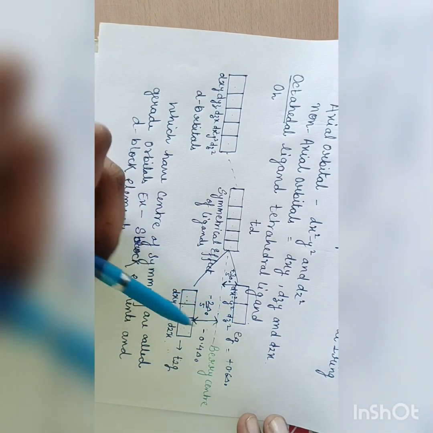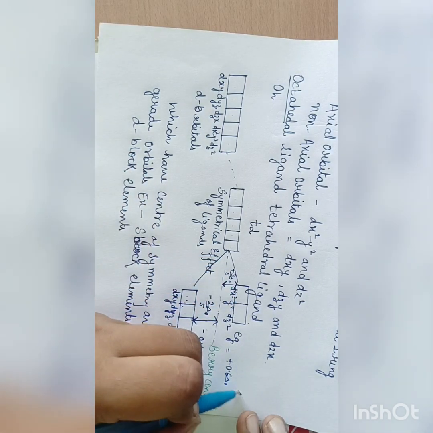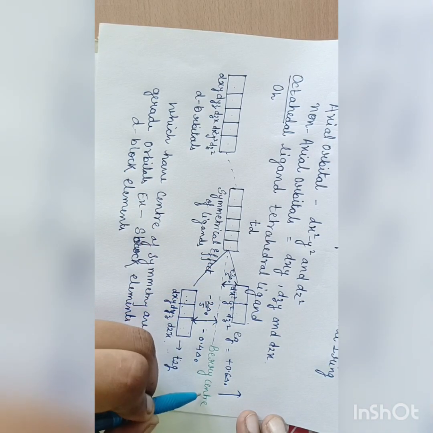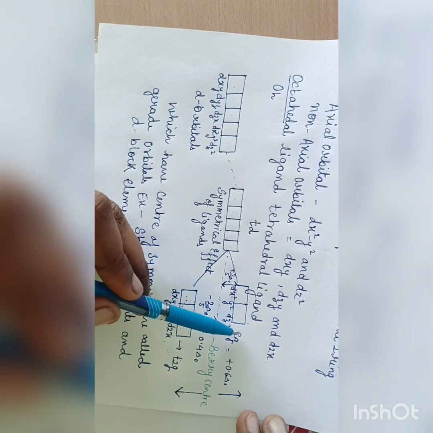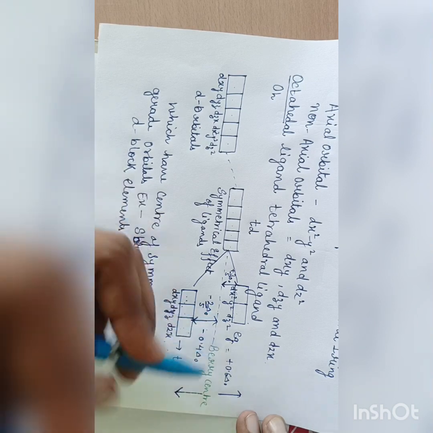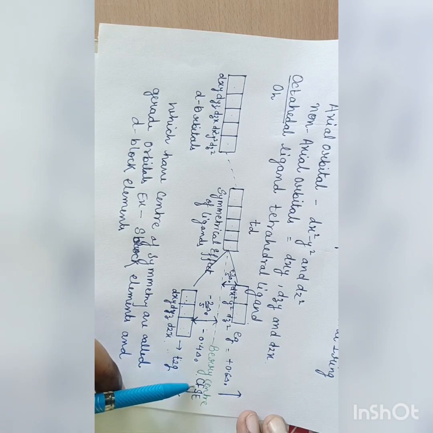And the difference of these energies, the difference of their energies between the Eg and the T2g orbitals, is called CFSE, the crystal field stabilizing energy.